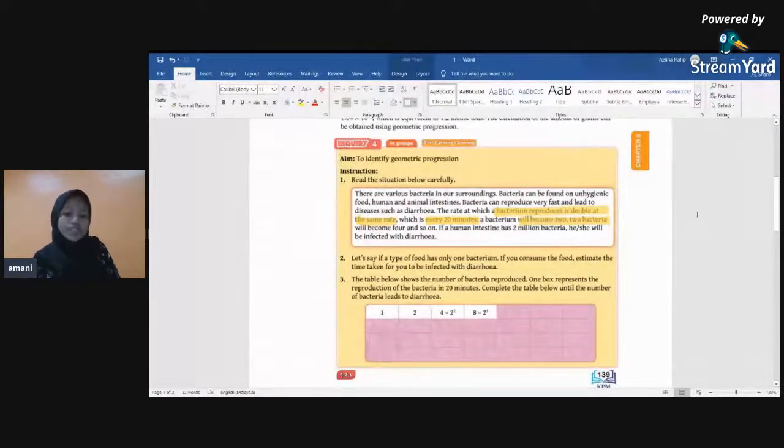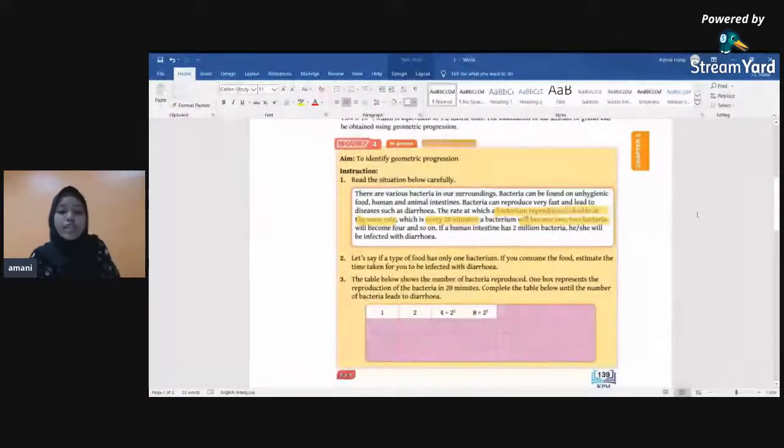Look at number 2. Let's say a type of food has only 1 bacterium. If you consume the food, estimate the time taken for you to be affected with diarrhea. This table shows the number of bacteria reproduced. One box represents the reproduction of the bacteria in 20 minutes.